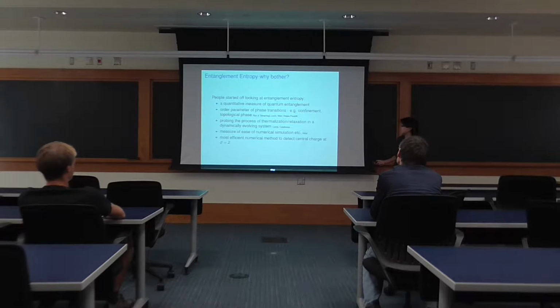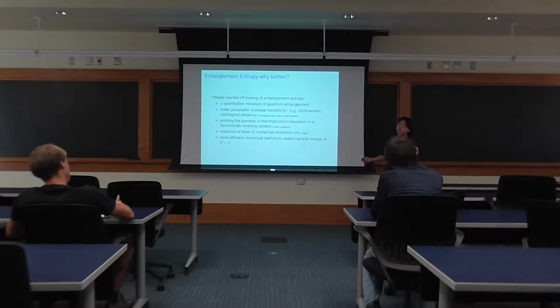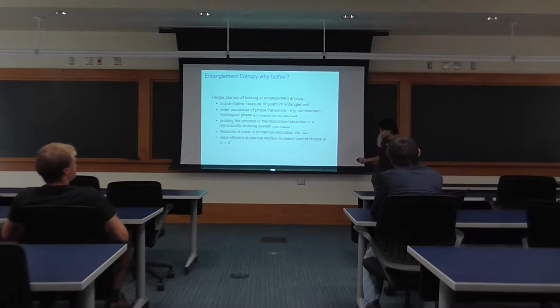It is also a very interesting probe of dynamical processes like thermalization and relaxation in a dynamical system. In numerical work, it is also very useful, for example to tell how easily a wave function can be simulated on a computer. And in d equals 1 plus 1, it is the best way of extracting the central charge of a CFT numerically.